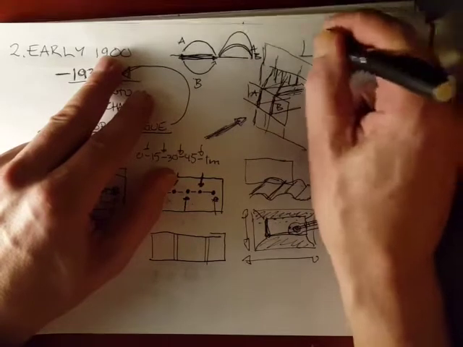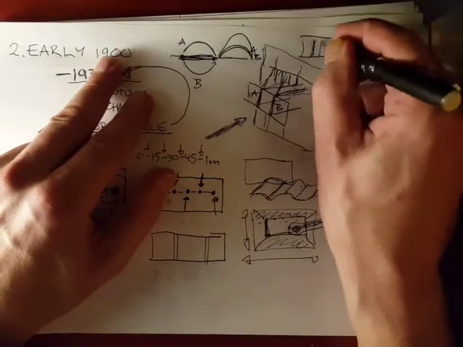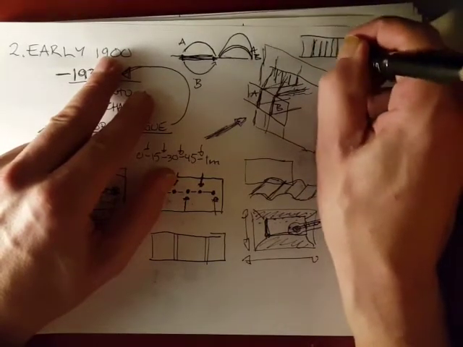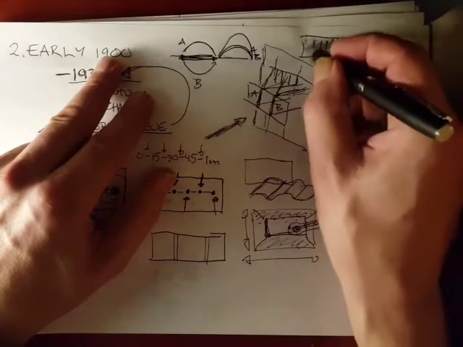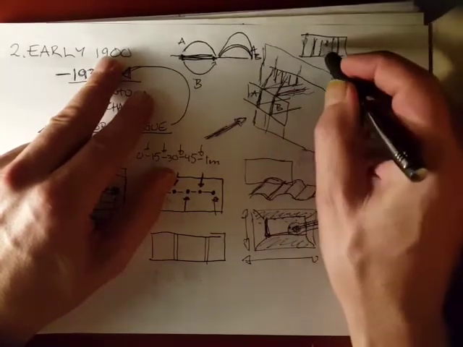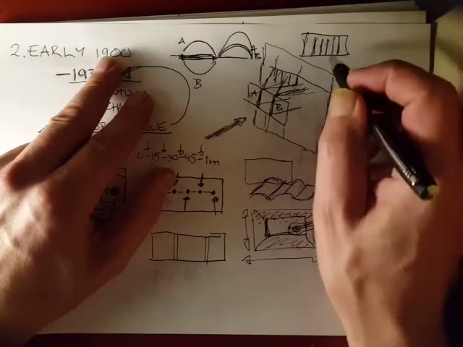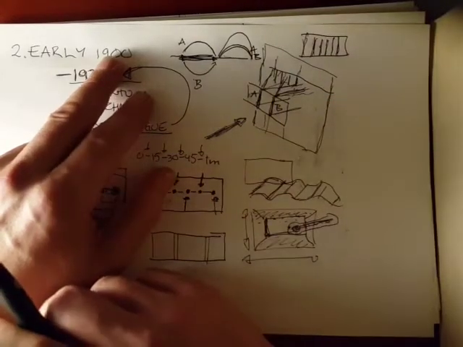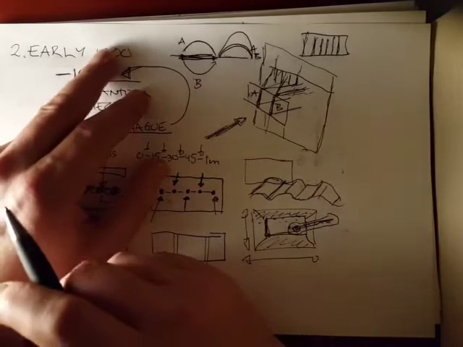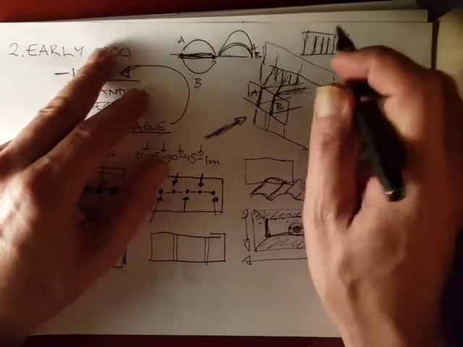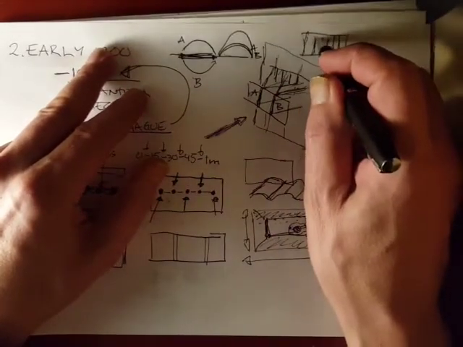So it will look something like this. And that's called an interference pattern on the screen. There will be beams like this. And the key thing is, this is a wave behavior.